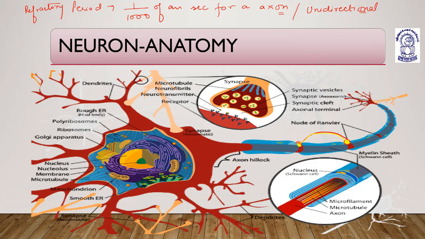That is why the impulse, when reaching the axon hillock, jumps from one node of Ranvier to the other, because the node of Ranvier does not have the myelin sheath covering. This is saltatory conduction, which is faster, around 120 meters per second.